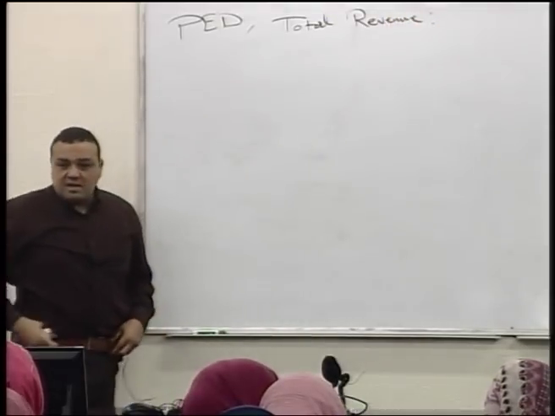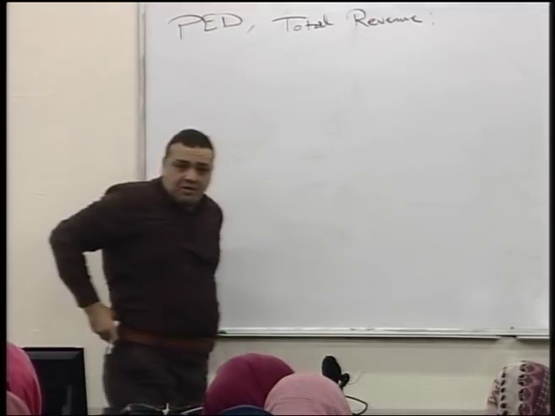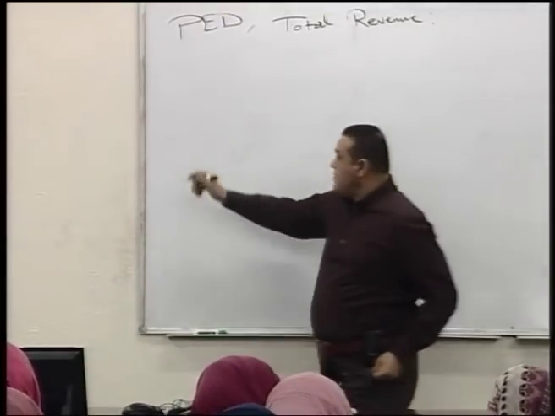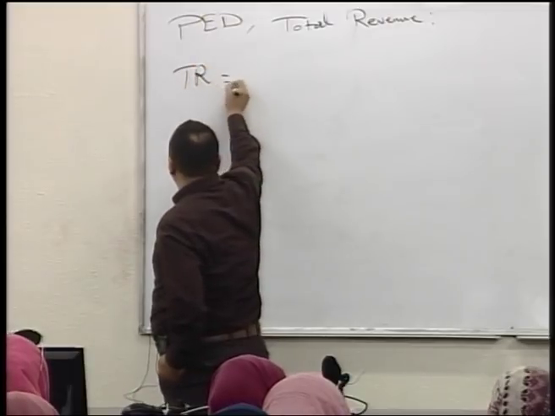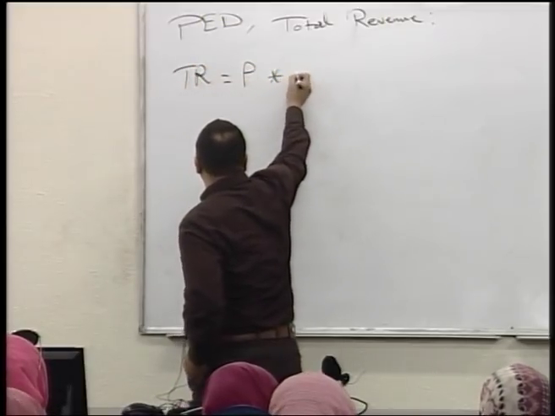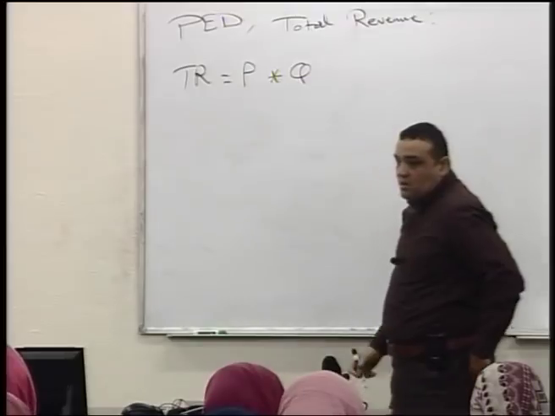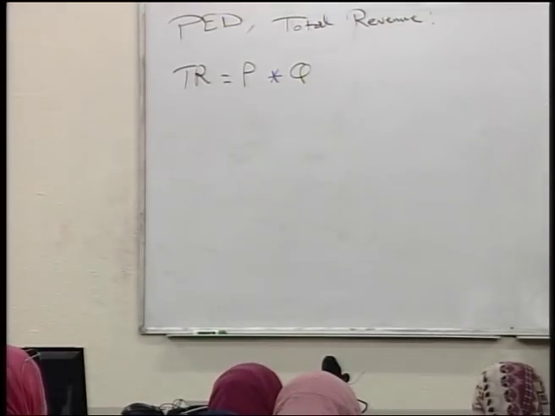Total revenue means the overall revenue. Total revenue, TR, equals the price times the quantity sold, or the quantity purchased here.